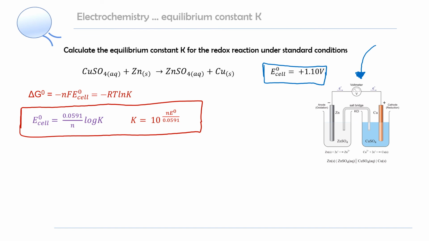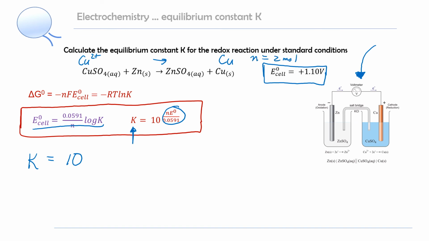Very simply, from this equation, if we solve for K, the value of K is 10 raised to the exponent shown here. Number of moles of electrons exchanged, once again, remember copper here is 2+ oxidation state, goes to copper 0 oxidation state. It's a 2 mole electron exchange.